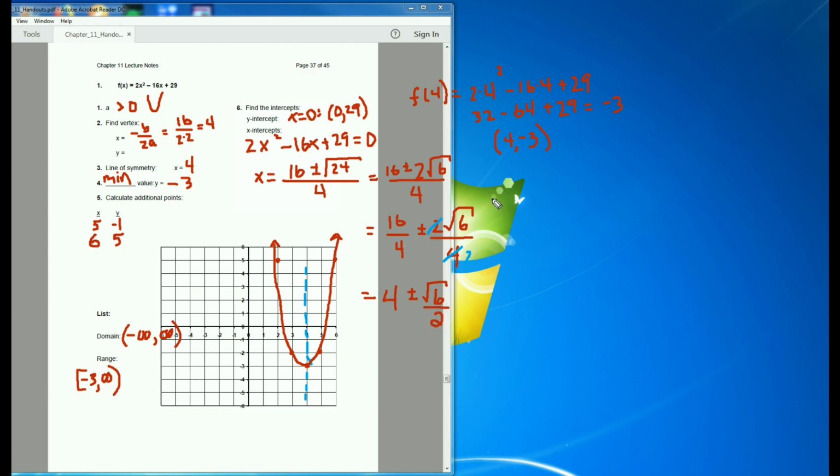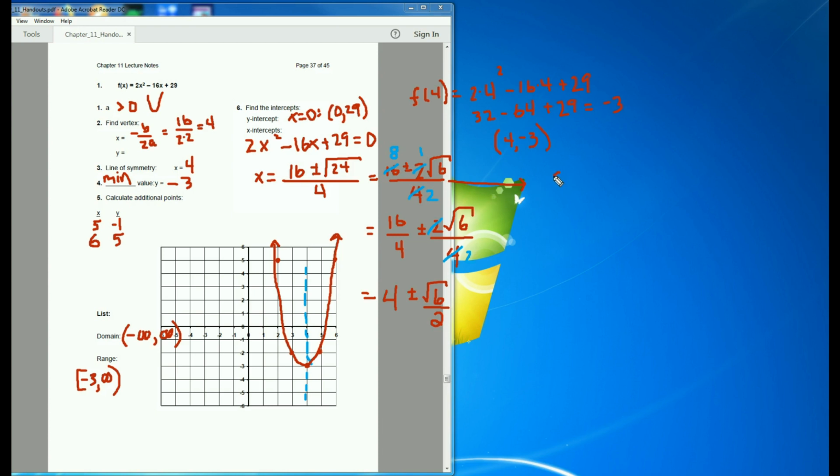All right. So if we had wanted to simplify up here and just keep everything over the same denominator, I could only take out a factor of 2. So in other words, 2 over 4 becomes 1 over 2. And then the 16 over the 4 becomes 8 over 2.